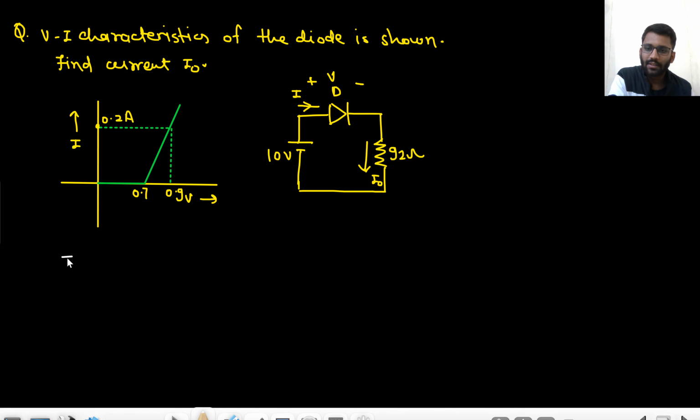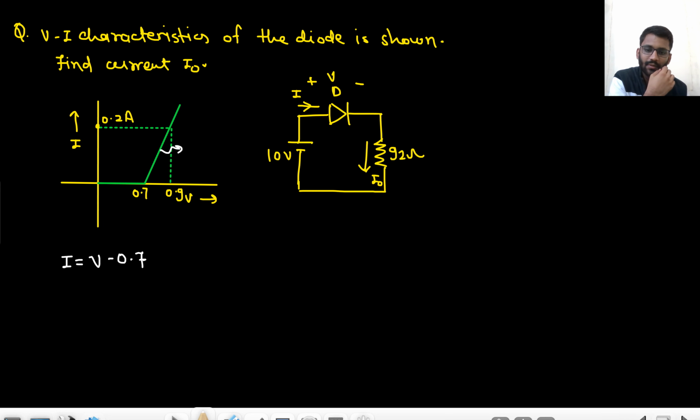So y is equal to mx plus c. Slope is 1, and c you don't know, so let's just assume that is c. I am writing the equation of this line. I is equal to V plus c. At V equal to 0.7, I is equal to 0, so it has to be minus 0.7.